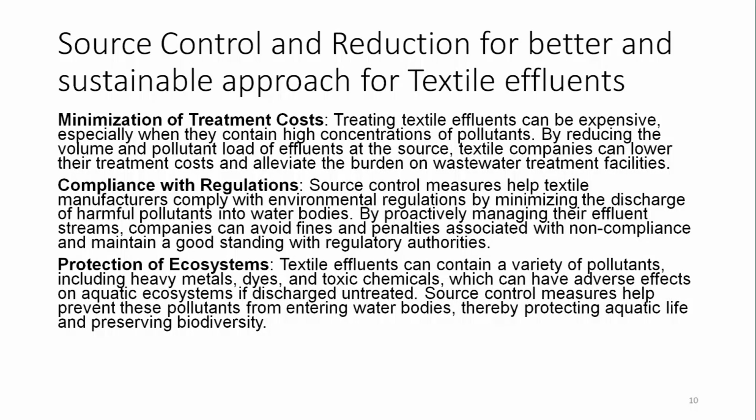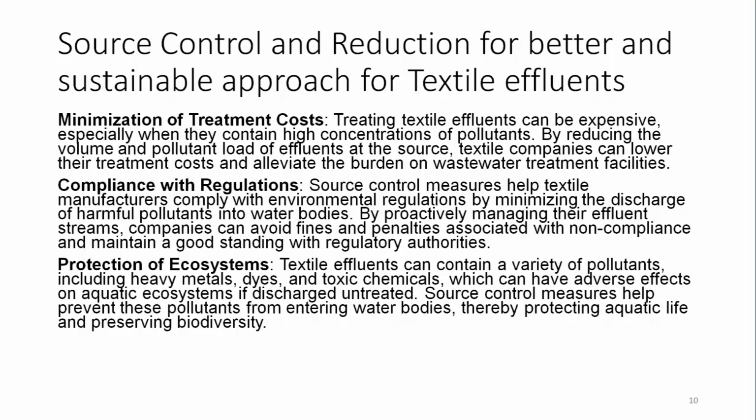If they are untreated and run into the aquatic system, the ecosystem of the aquatic life will surely get disturbed and even destroyed. Source control measures help prevent these pollutants from entering water bodies, thereby protecting aquatic life and preserving biodiversity.